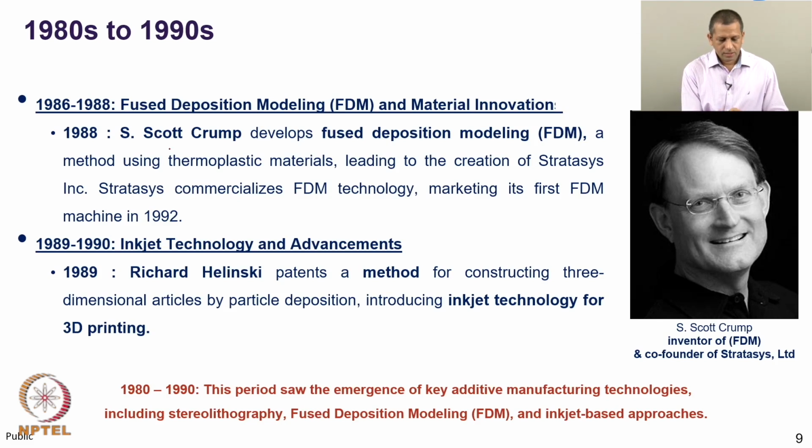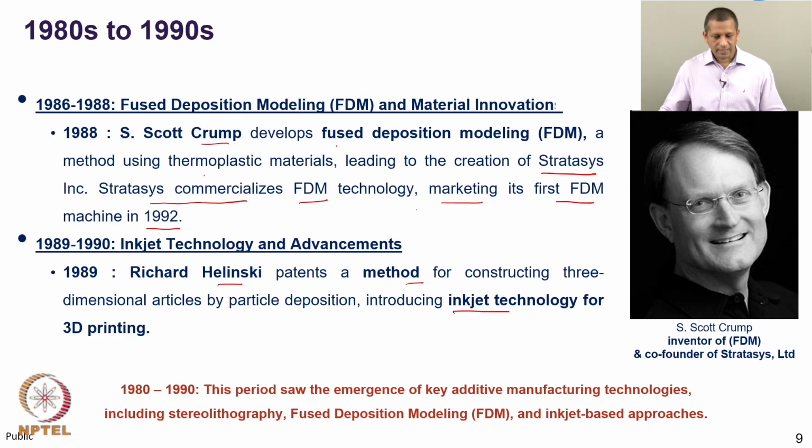In 1988, Scott Crump developed fused deposition modeling, a method used for thermoplastic material printing, and this gave rise to a company called Stratasys. Stratasys commercialized FDM technology and marketed its first FDM printer in 1992. Richard Helinsky in 1989 patented a method for constructing three-dimensional objects using particle deposition by using inkjet technology.